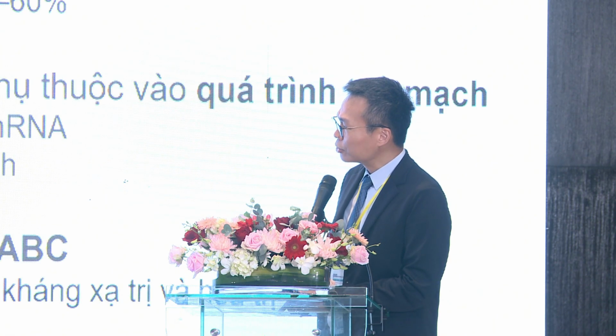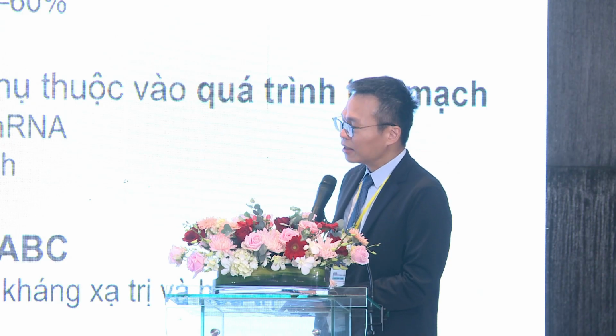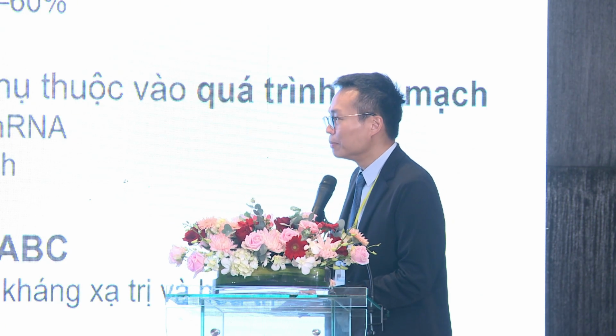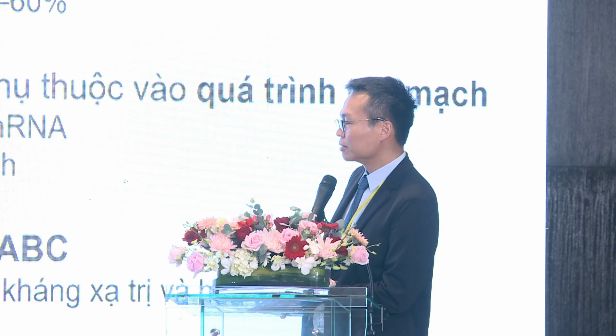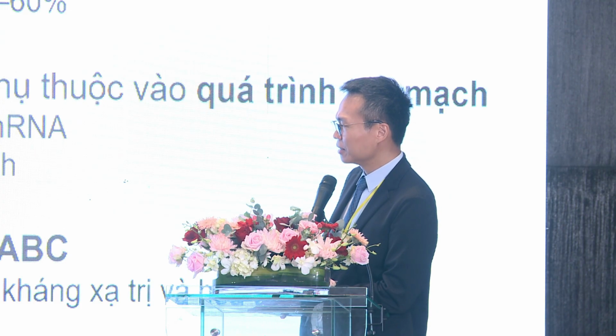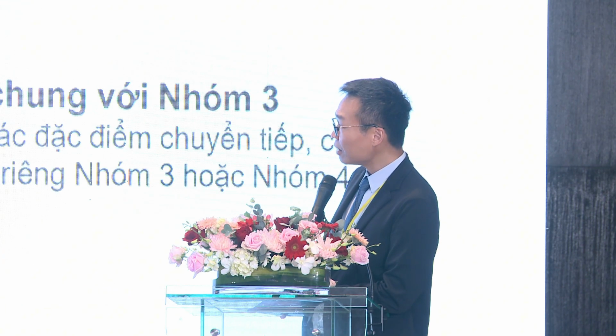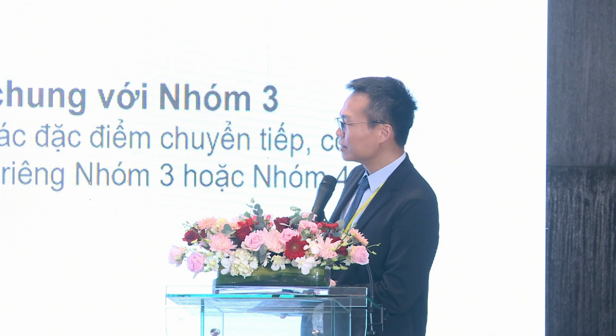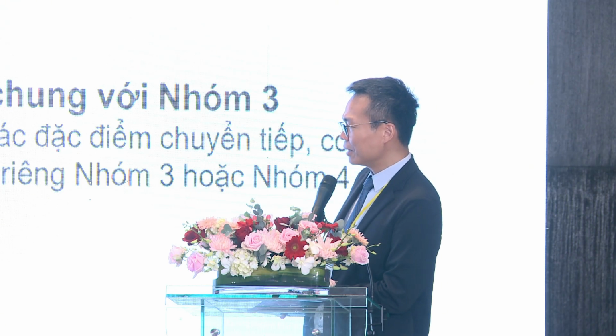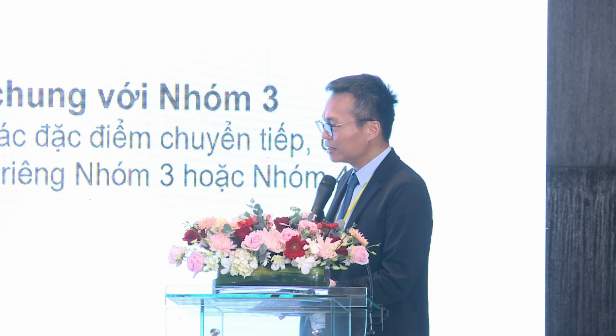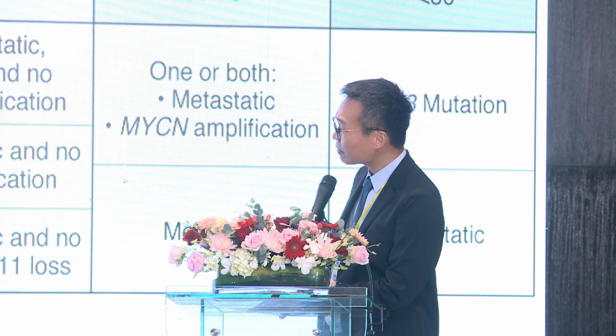Group 3 is very aggressive and probably has the worst prognosis among these medulloblastomas. When it relapses, it often comes with leptomeningeal seeding. Group 4 is the least understood subtype. It is an intermediate subtype with transition features and a better prognosis.